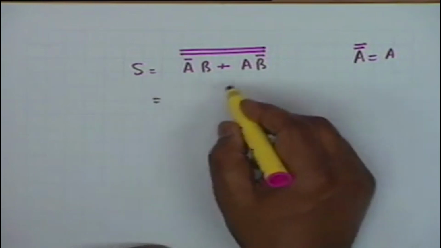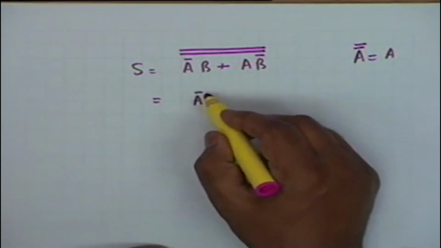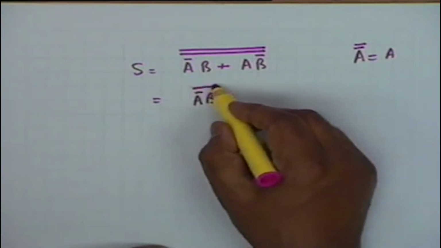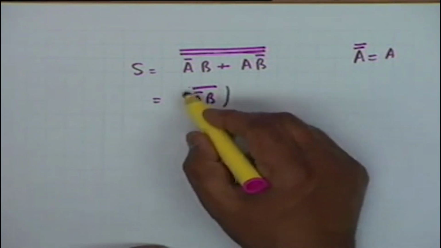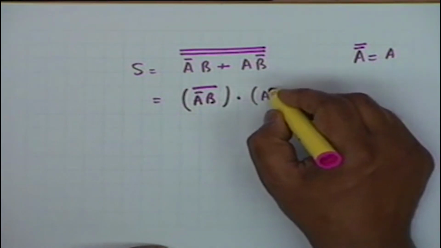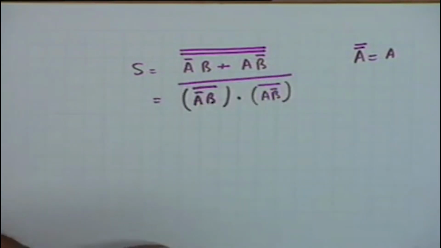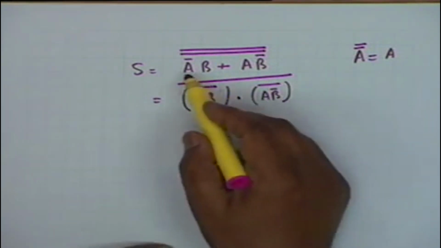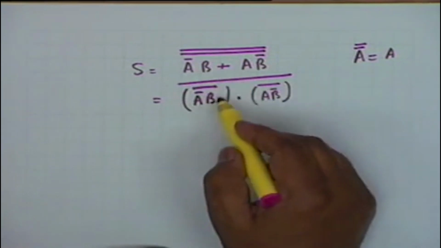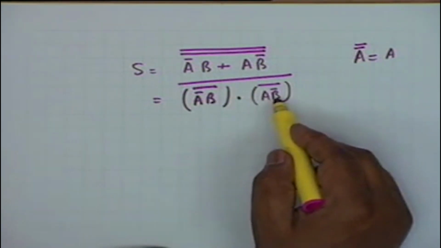Now, with one inversion, I apply De Morgan's theorem, that is (A bar B) inverted and (A B bar) inverted, and the whole thing inverted again. A bar B inversion, this OR becomes AND, and A B bar inversion.